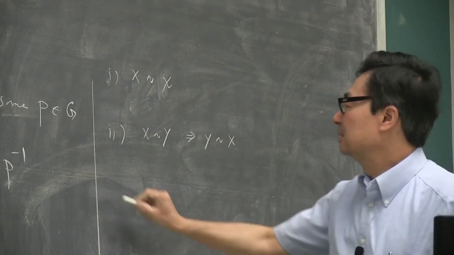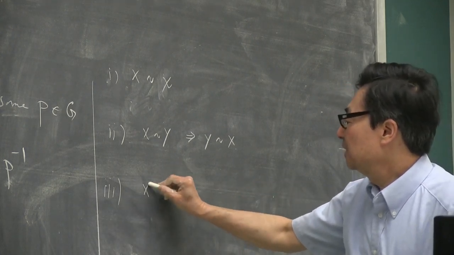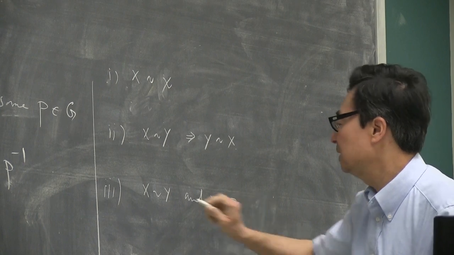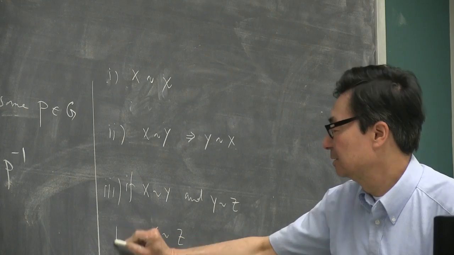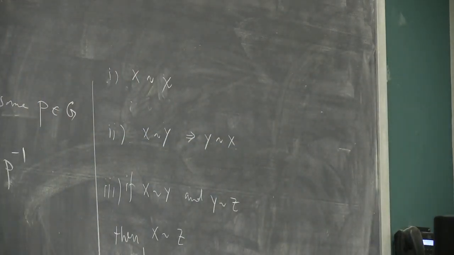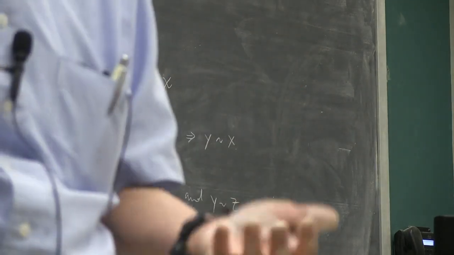Number three is that if X is related to Y, and Y is related to Z, then it follows that X is related to Z. This is a kind of transitive relation. Any relationship which satisfies these three properties is called an equivalence relation in the set.